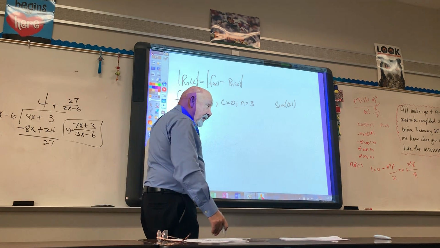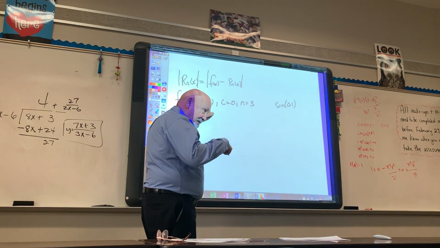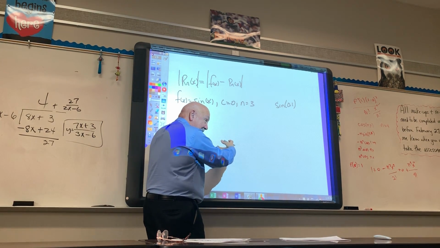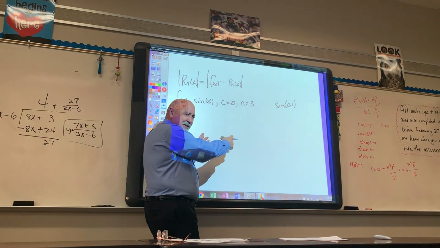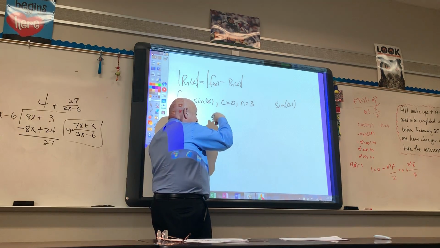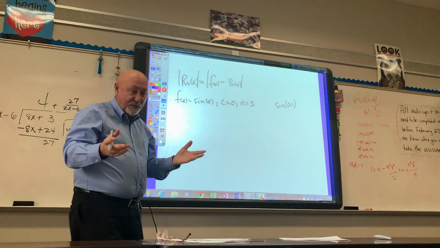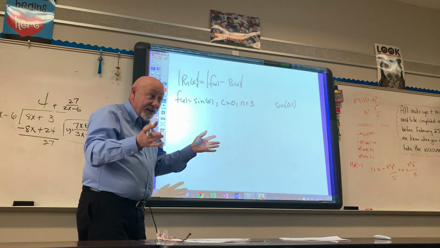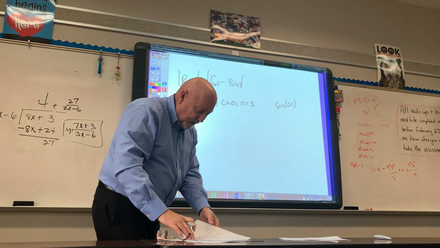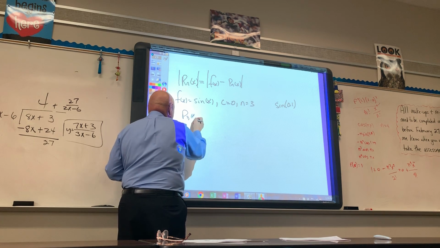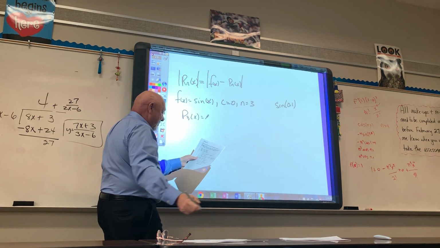If I said sine 2x, then you would take the sine function on that page and plug in 2x everywhere you see an x. That's the shortcut you're going to learn for Maclaurins. You can't do that on Taylor. So bottom line is, we would find out P of 3.